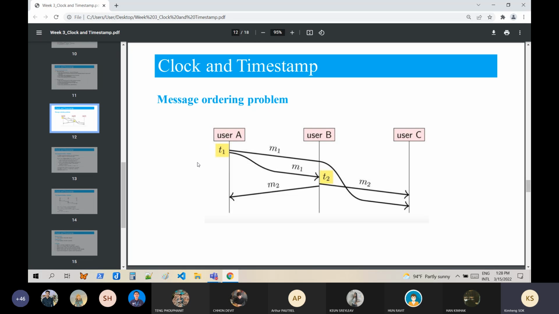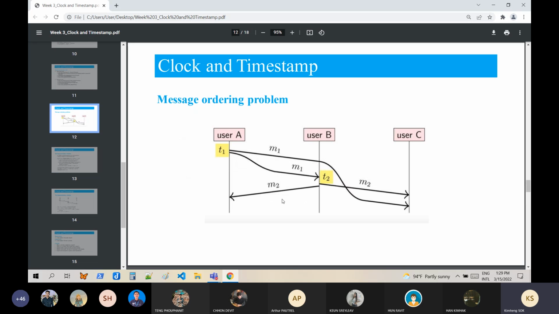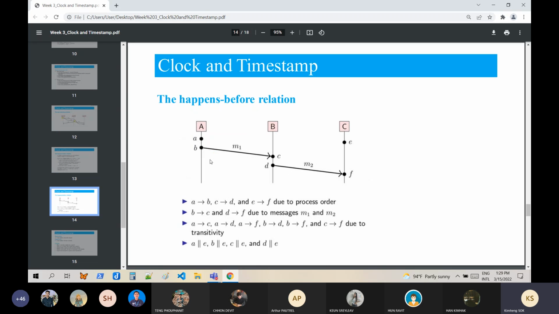And then we depend on those events in order to compute the time. We say an event A happened before event B, and we can write it in a mathematical model like this: A arrow B. So A and B occur at the same node, and A occurs before B in that node's local execution order. For example, A and B are events that happened within the same computer, the same machine.